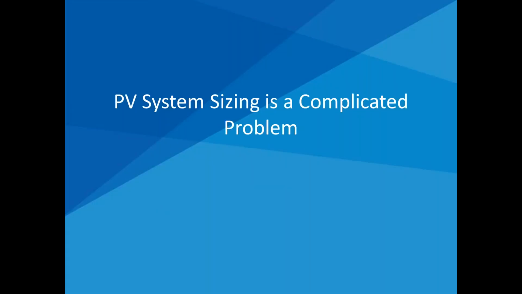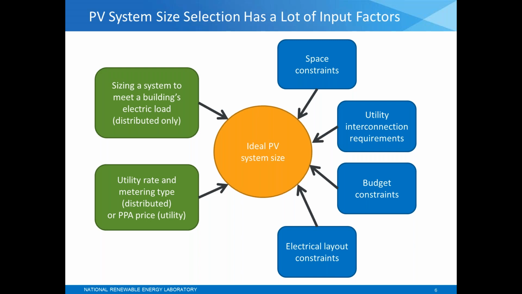So the maybe daunting introduction is that PV sizing is a pretty complicated problem, and this is a rough attempt to at least explain a handful of the factors that go into it. I think I've mostly covered them here. Selecting the ideal size for your PV system, if you are looking at a behind-the-meter or distributed system, you're probably trying to size the system to meet an electric load, for instance.